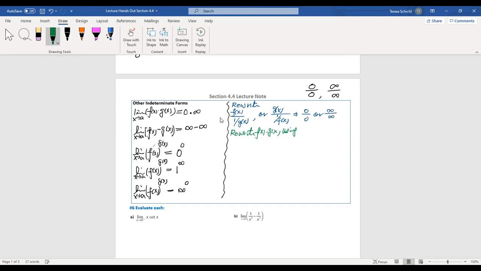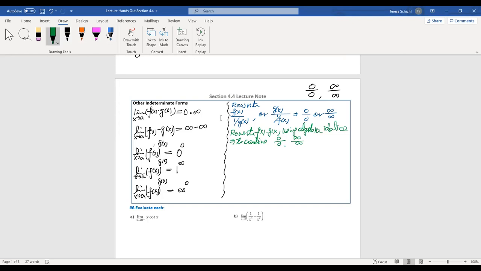We need to combine those two terms, so we need to use algebra identities to combine them and make it become 0 over 0 or infinity over infinity.